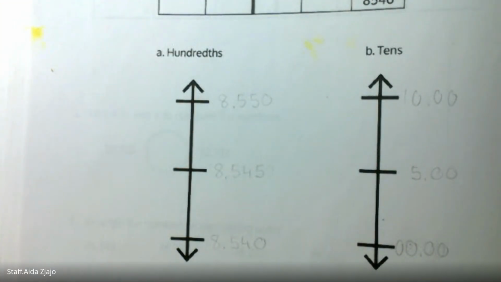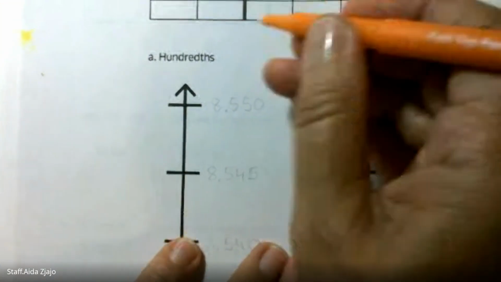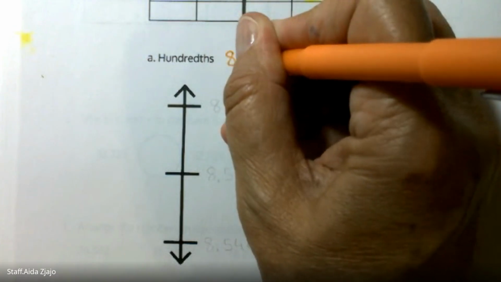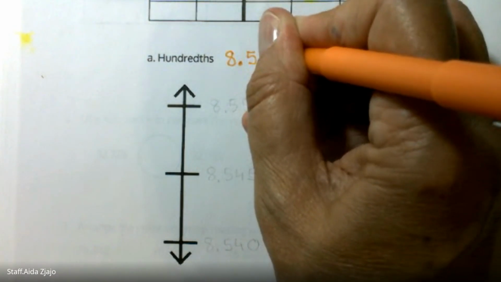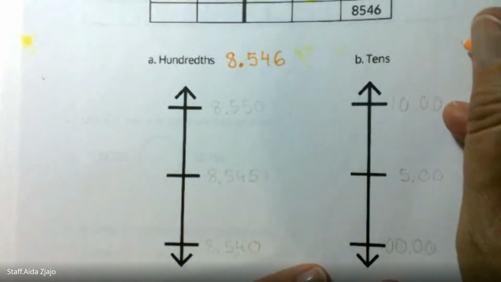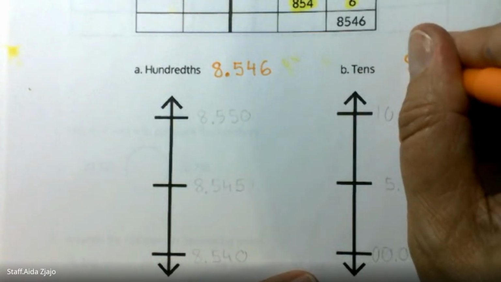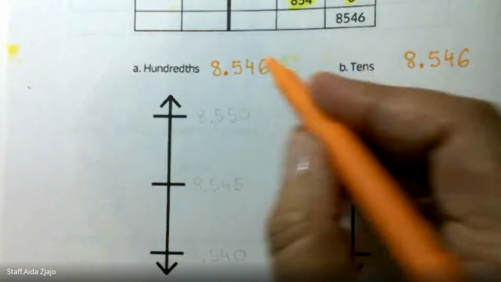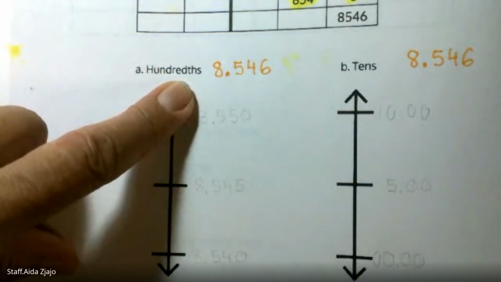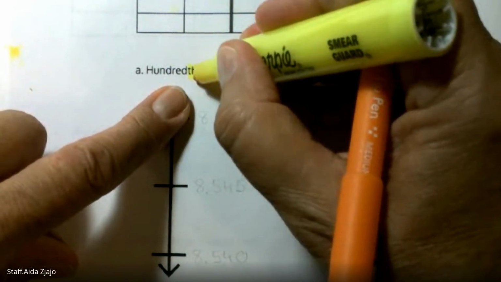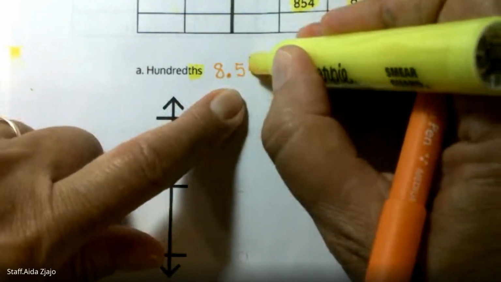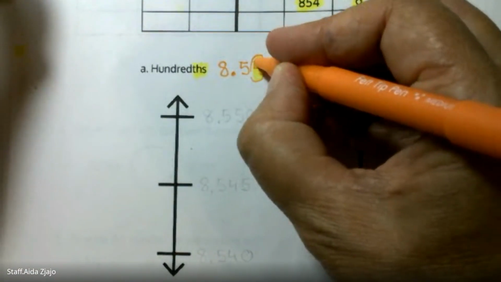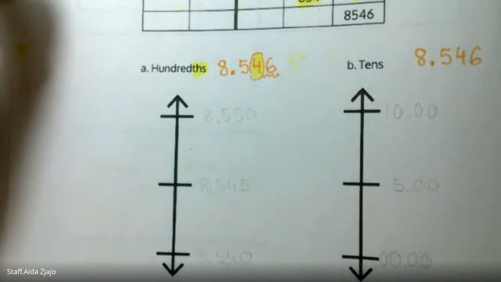So if we have this number, 8 wholes 546, and also here I'm going to write the same number, 8 wholes 546. First they want to round to the nearest hundredths. So hundredths are here. These are what we need to round, depending on the hundredths that we have.